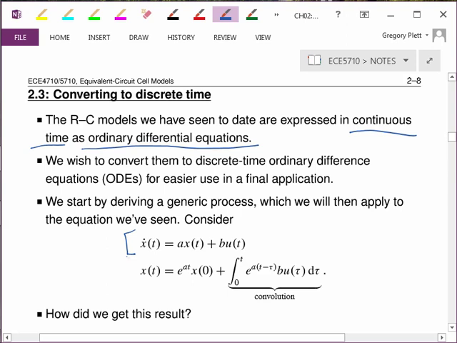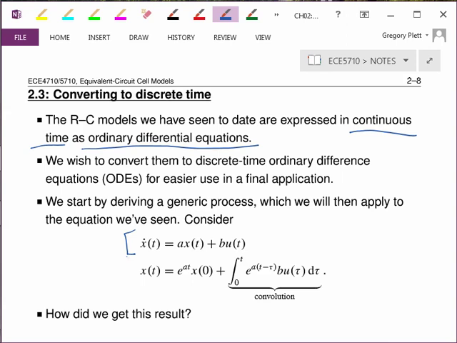We can derive from that equation the result that x of t, the solution to this ordinary differential equation, is that x of t is equal to e to the at times whatever initial value x had at time 0, plus the integral from time 0 to t of e to the a(t minus tau) times b times u of tau d tau.